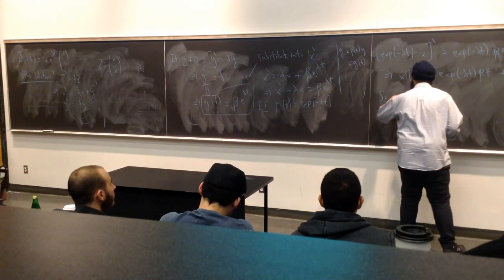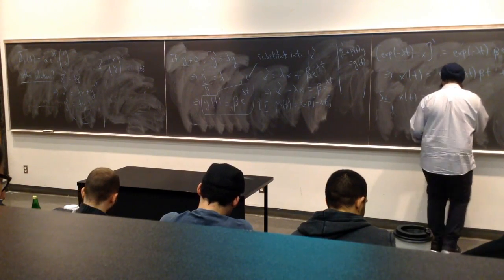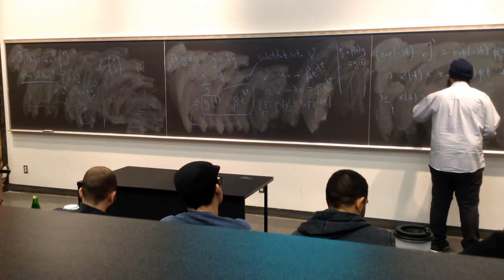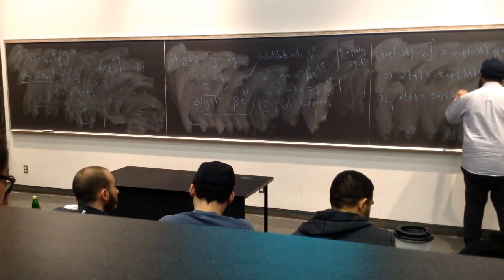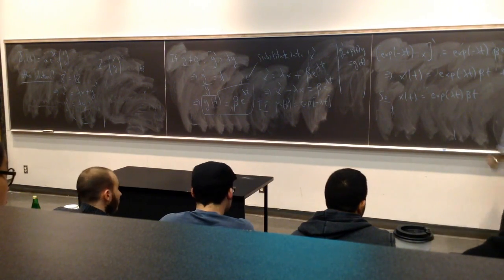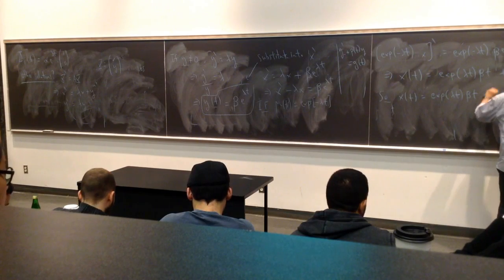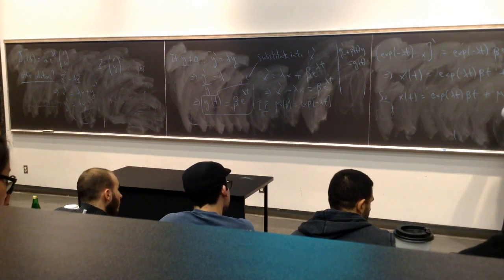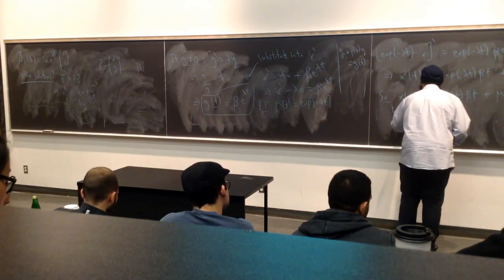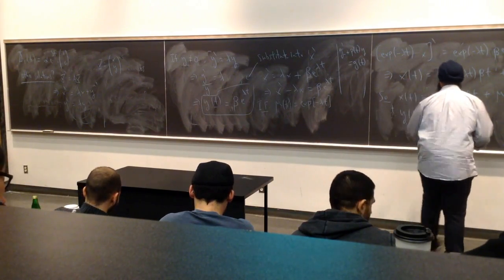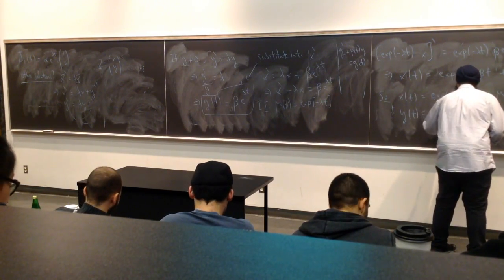So therefore, x of t is equal to exponent lambda t times beta t plus mu exponent lambda t, and my y of t solution is just beta exponent.